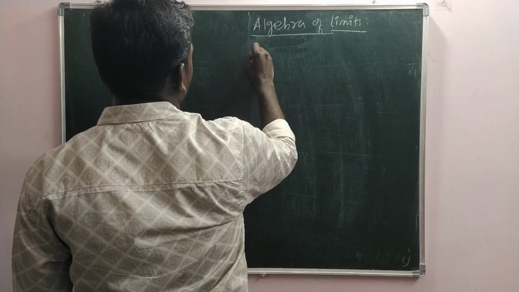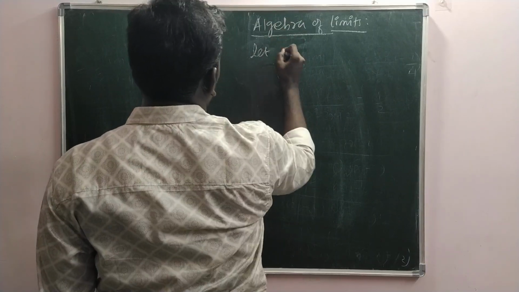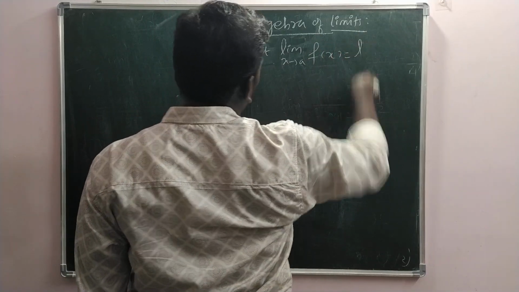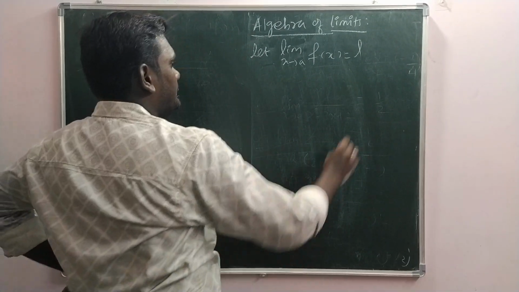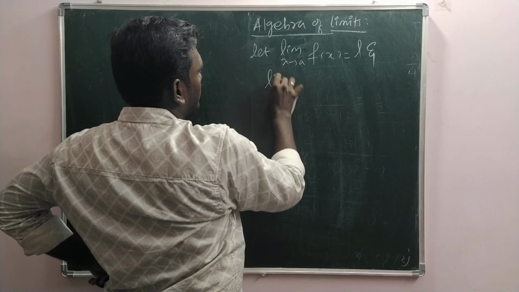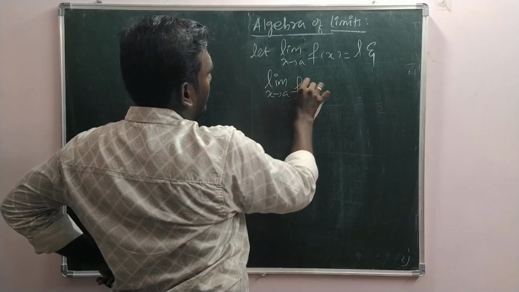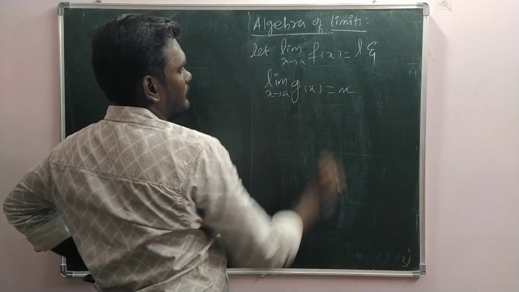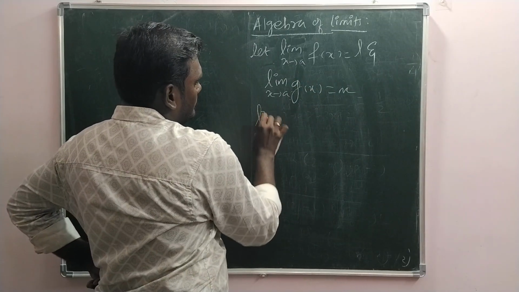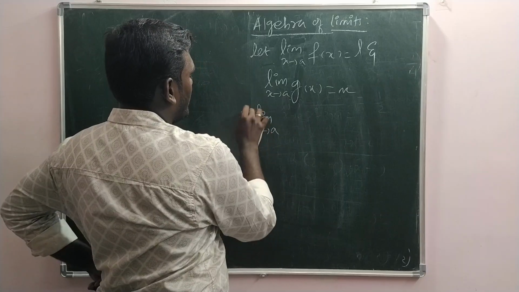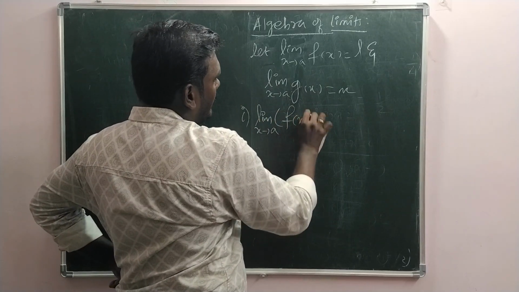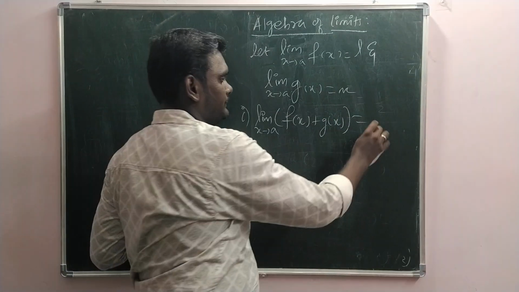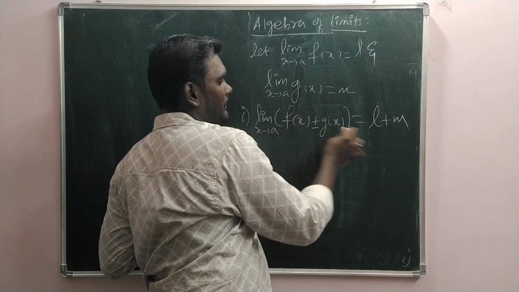So let limit x tends to a, that means x approaches a, this f of x approaches L, we say. And limit x approaches a, g of x approaches m. Then limit x approaches a, the function f of x plus g of x will approach where, you guess? This L plus m. Same happens with negatives also.